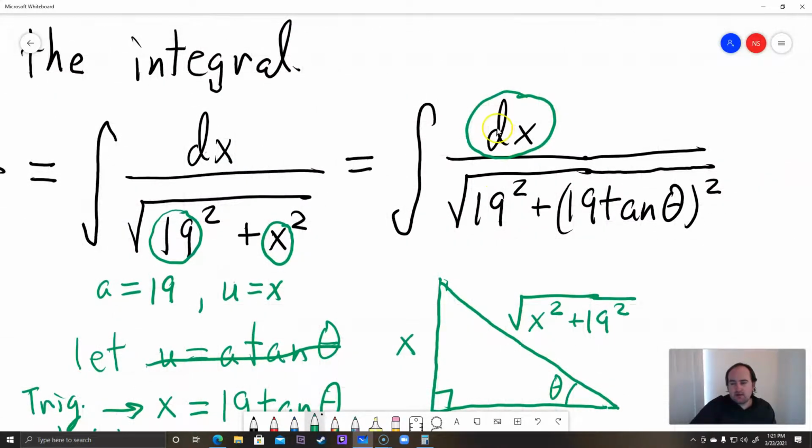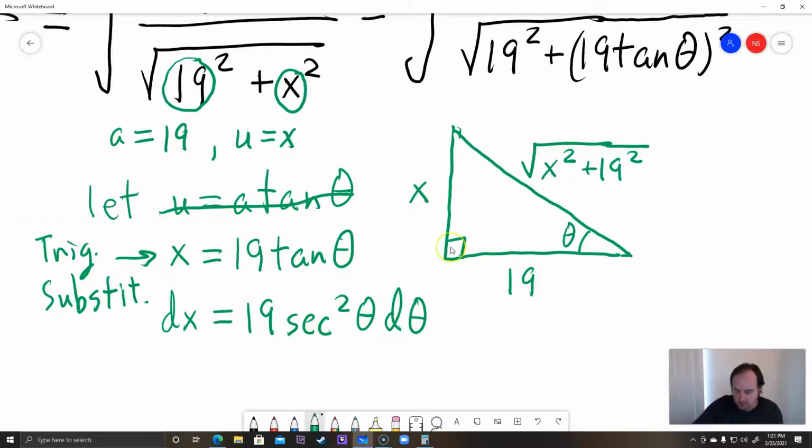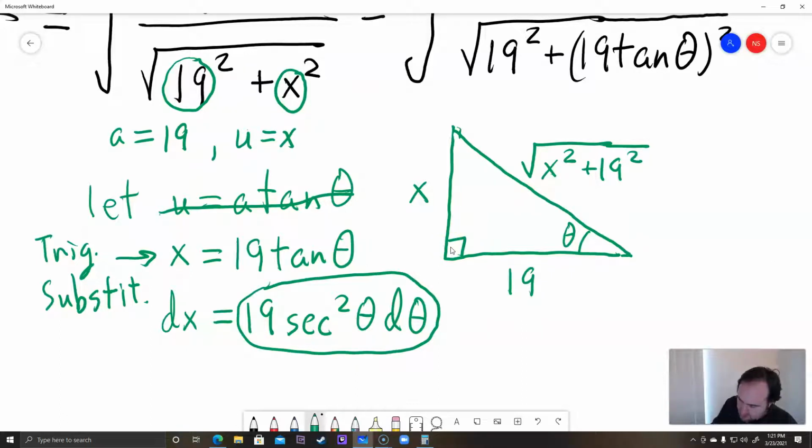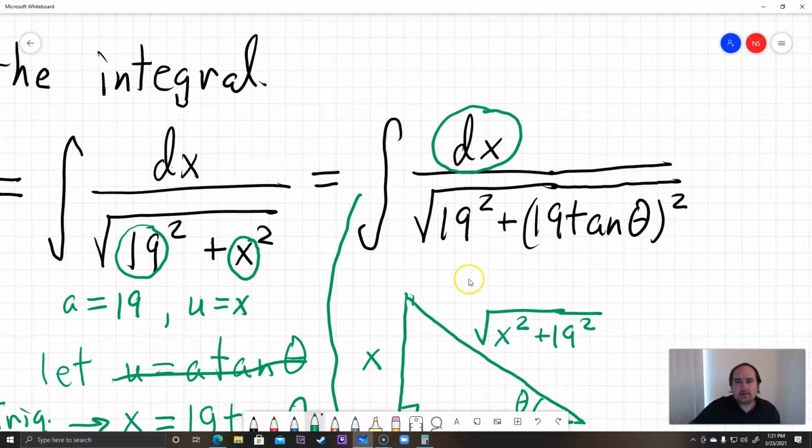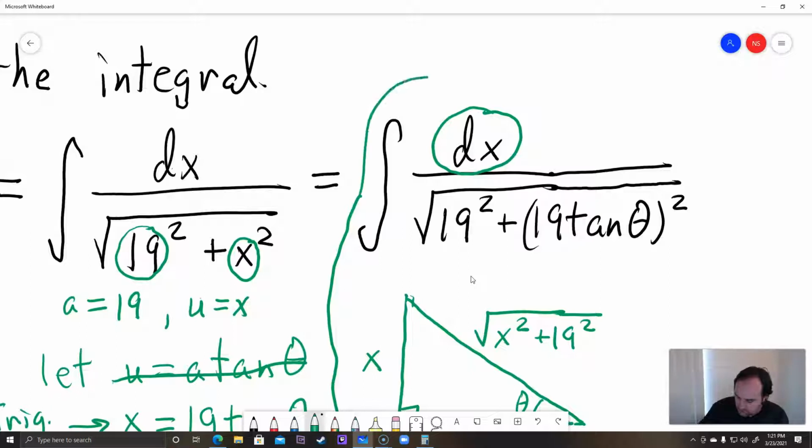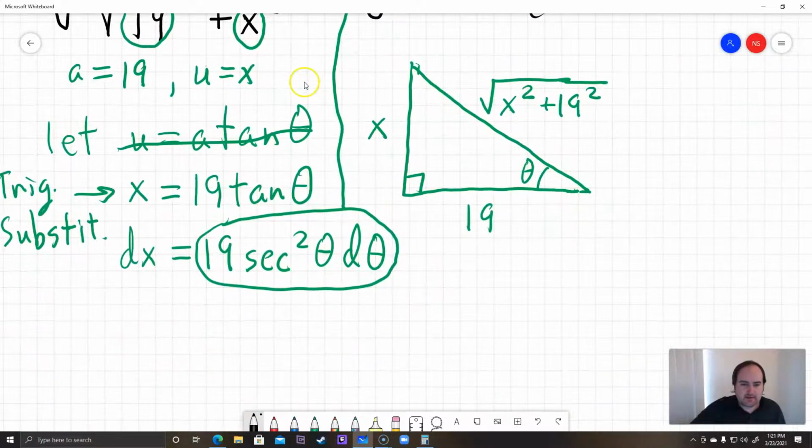And what we want to do here, unlike with u substitution, is actually plug in this 19 secant squared of theta d theta up here for dx.